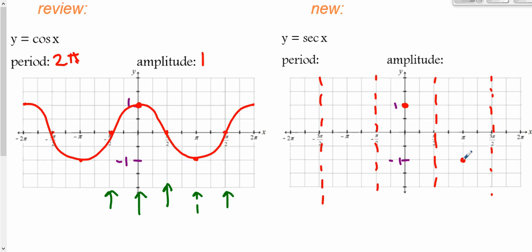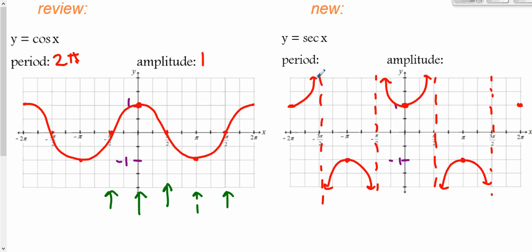So we're getting the same thing we got for the other graph. You're going to have points that alternate between a height of 1 and a height of negative 1, and they have asymptotes between them. And then you're going to get U-shaped curves going up and U-shaped curves going down, and they alternate.